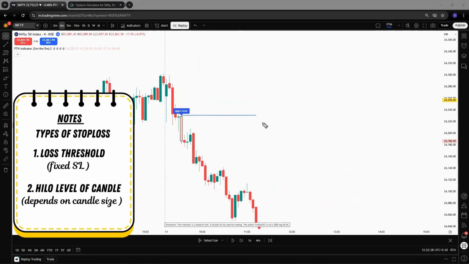The first one is based on a loss threshold, where you put a fixed rate, my loss per trade, like 1500 or 2000. The second kind of SL is your high low candle. If any candle crosses above your high low level, you can trigger an alert. You can set the alert. I'll teach you how to set alerts. It is fully compatible with the algo also. I'll teach you how to exit a trade if your high low level is triggered.